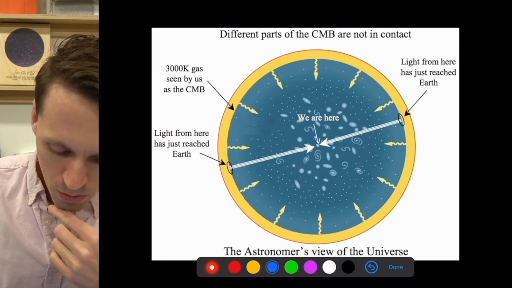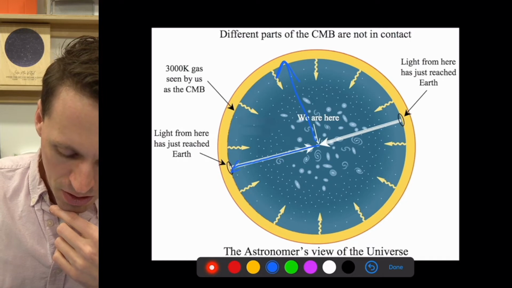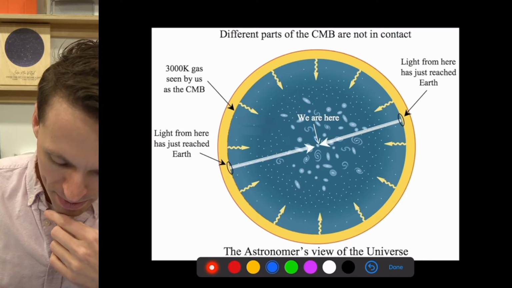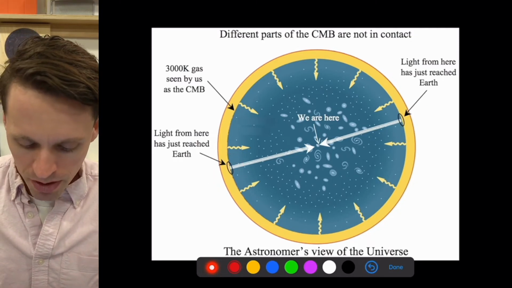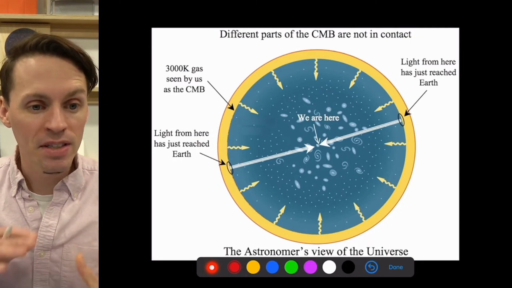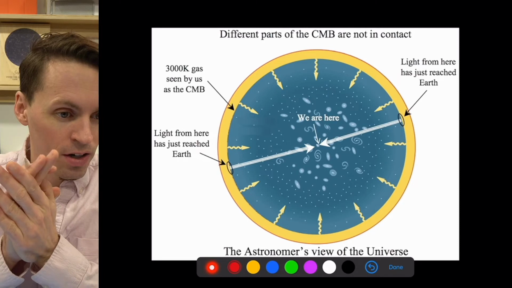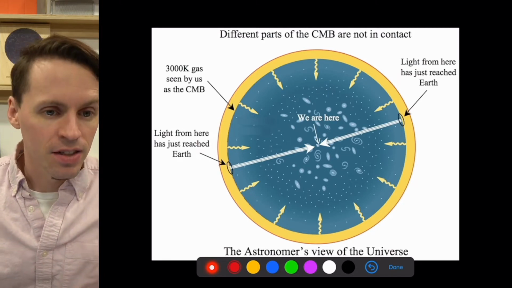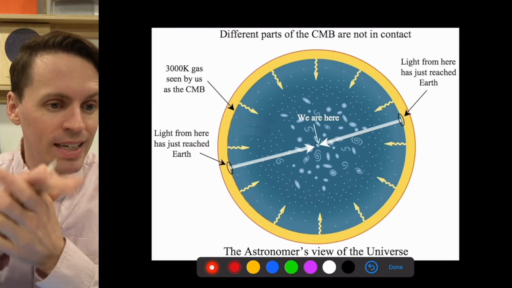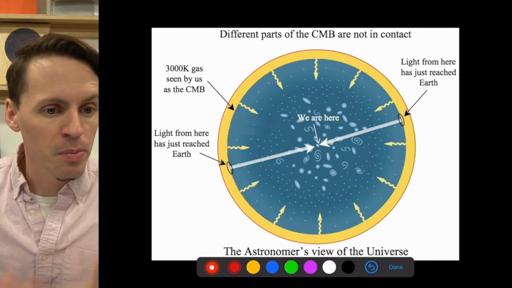One of them is that when you look out into space, we see that the cosmic background radiation from here or here is the same temperature. And one of the laws of thermodynamics says that when two objects are in contact long enough, they will reach the same temperature. But these are on opposite sides of the universe. There's no way that they were in contact. So how could they possibly be the same temperature?